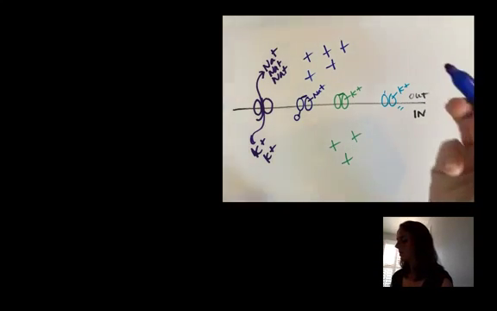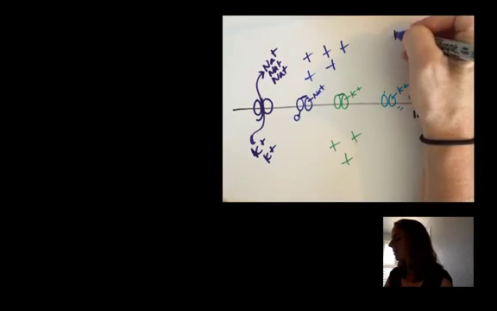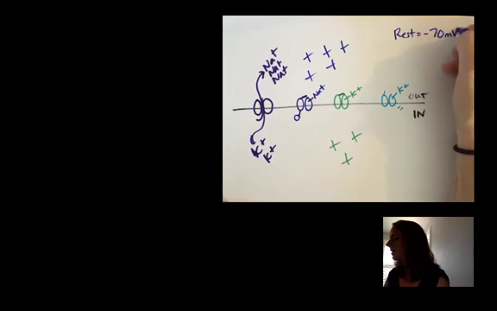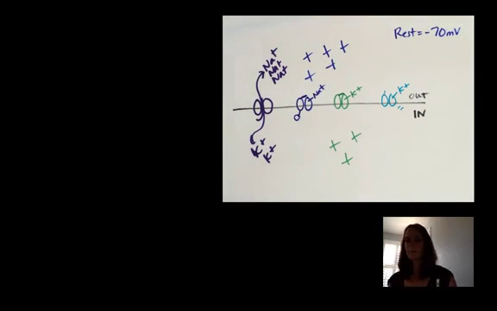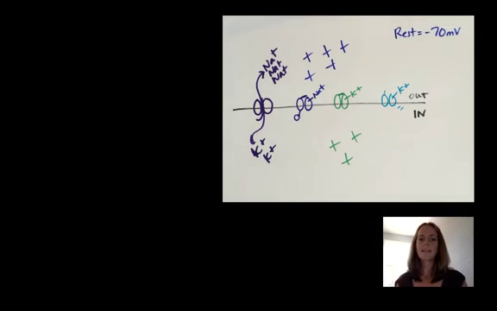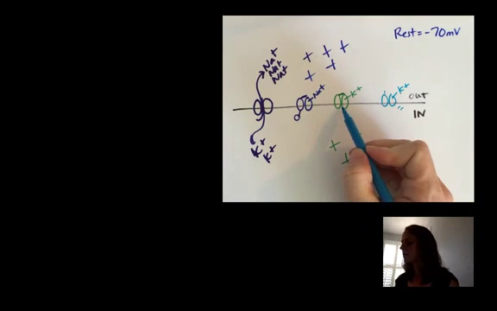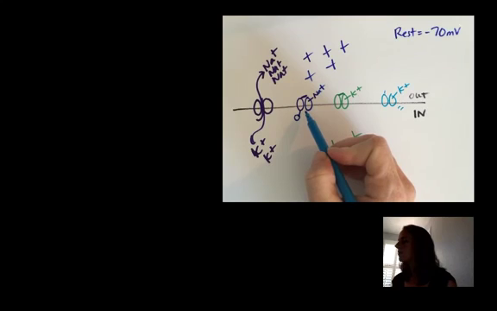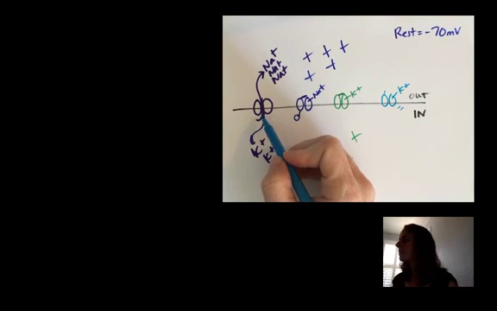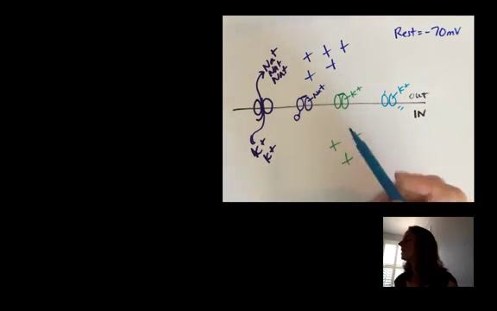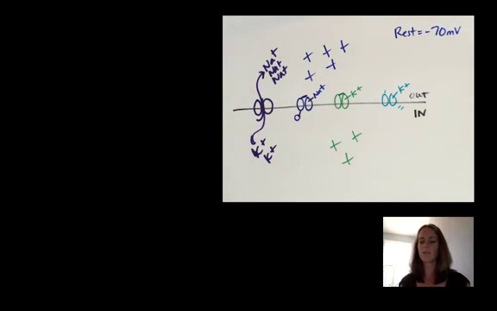That overall gives us a resting value of negative 70 millivolts. So the potassium leaky channels are open at rest. The potassium voltage-gated channels are closed at rest. The sodium voltage-gated channels are closed at rest. And the sodium-potassium pump is actively ensuring that we have this negative 70 millivolt membrane potential.